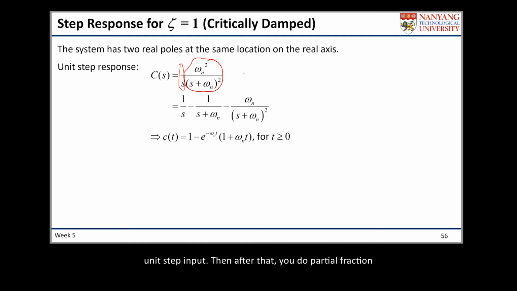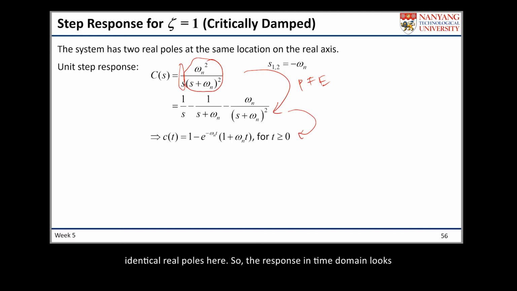And then after that you do partial fraction expansion. After that we refer to our Laplace table, and then we convert the response to time domain. We have two identical real poles here. So the response in time domain looks like that.